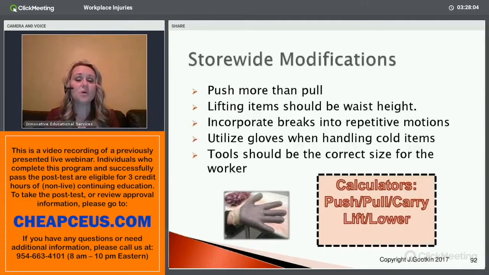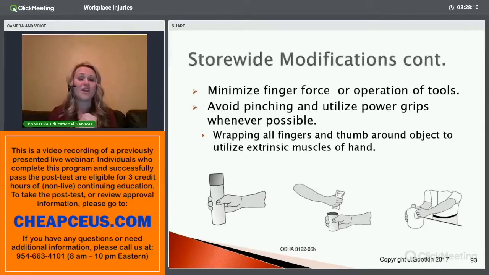If someone's handling cold items, they should be using gloves to help maintain their circulation in their hands, to maintain their dexterity and coordination. If we look at modifications in terms of grip, think of your checkout, your stacking or cleaning shelves.